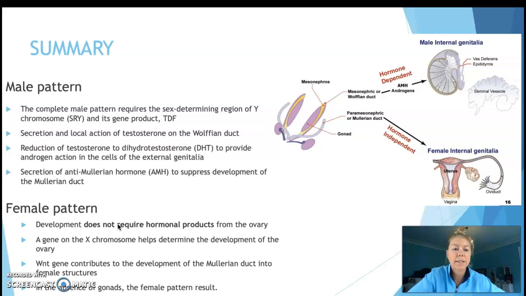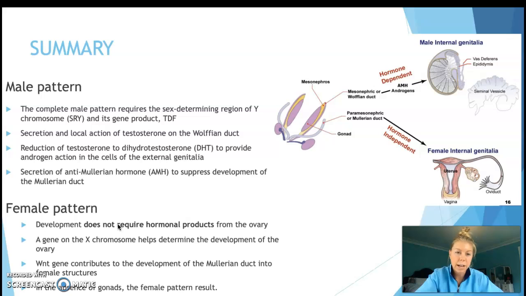So, to summarize everything, with an image on the left, which is pretty detailed. You can see in male pattern, the complete male pattern requires the sex-determining region of the Y chromosome, which is the SRY gene, and its gene product, TDF. Secretion and local action of testosterone on the Wolffian duct are crucial.